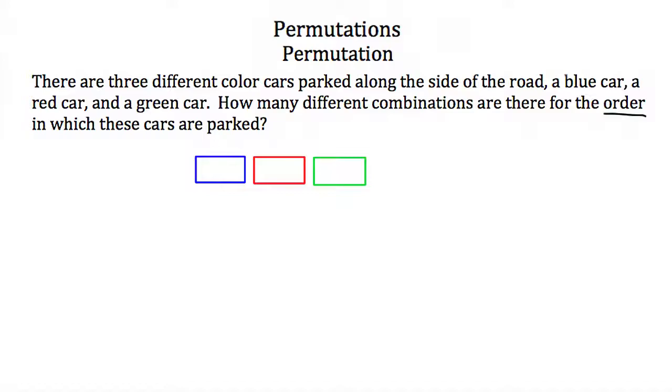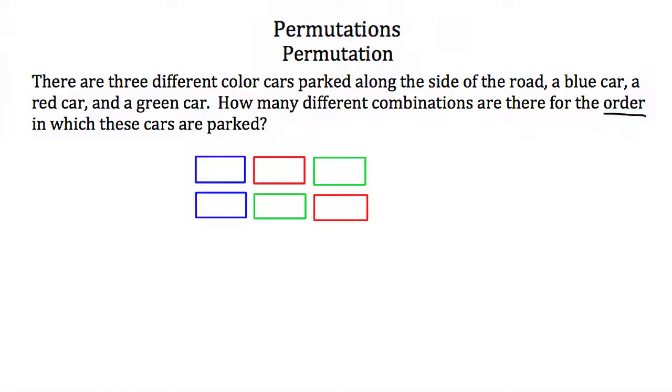So there's one possibility for the order in which the cars are parked. Now another possibility would be that the blue car is parked first, but then the green car follows it. And that leaves only the red car to be parked last. So there's another order in which the cars can be parked.